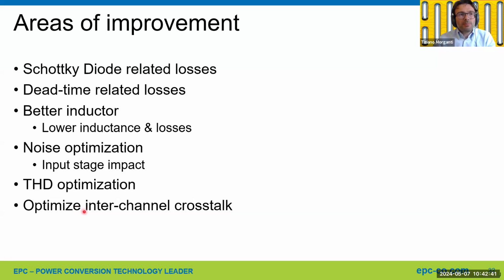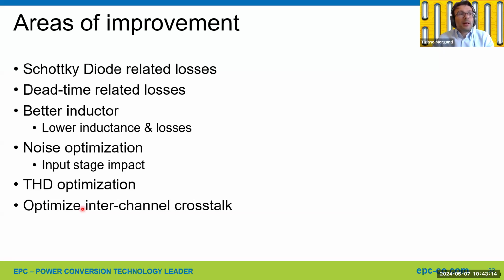So in this board, we are running one of the two channels about 20 or 30 kilohertz higher switching frequency than the other to avoid coupling beating tones. But certainly by optimizing the layout of the motherboard, this effect can be reduced.